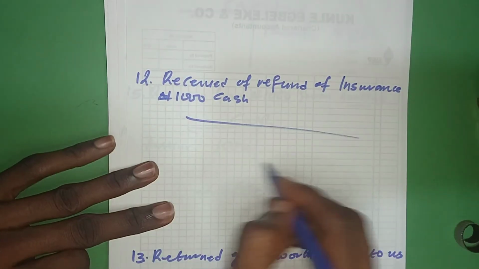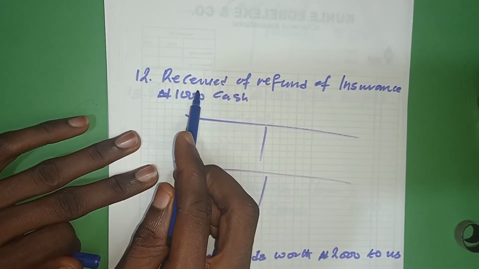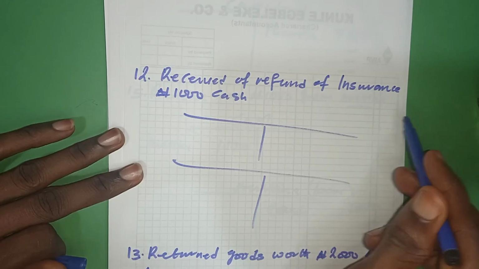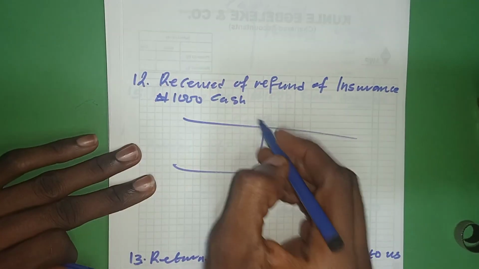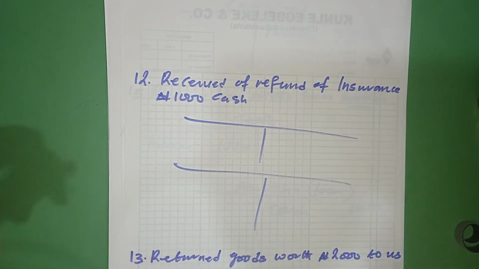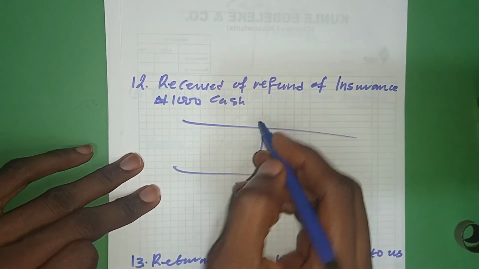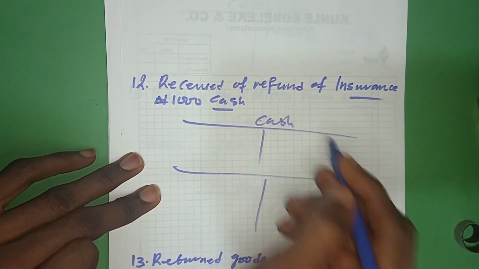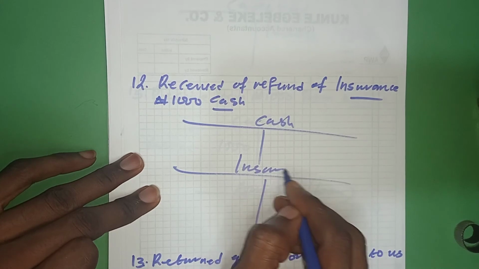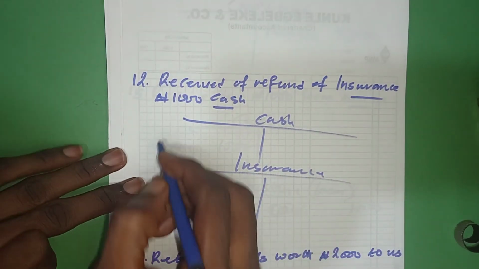Now, receive a refund of insurance, 1,000 naira by cash. We are receiving a refund from the insurance company. So we have two accounts, cash and insurance. Now our cash is increasing.